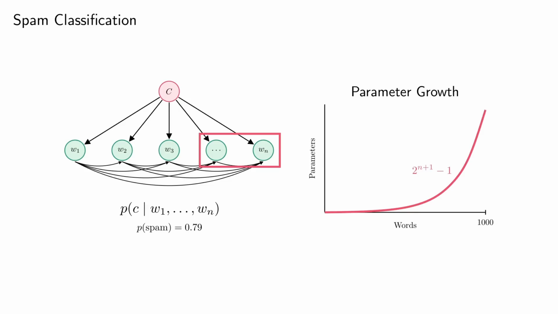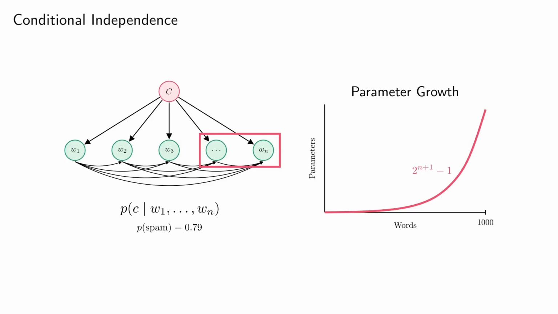That is exponential growth, as we can see here. Adding only 1 more binary variable doubles the number of table entries. Even a moderate vocabulary makes the full model impractical to store, estimate, or query reliably. This is one form of the curse of dimensionality. So in reality, we need a structural assumption that can keep the useful part of the model while making learning and inference manageable.